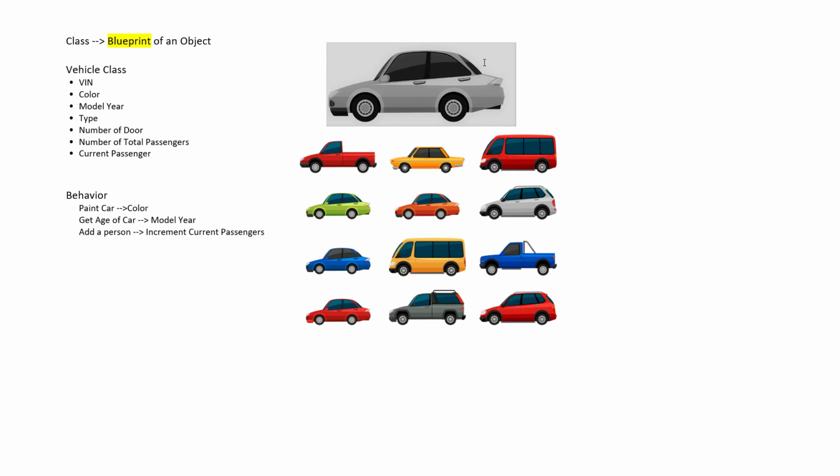It tells me what things a car should have. When I create an actual car, a green car, I'm taking the things that a car should have, and I'm assigning them values. This color is green, the VIN number is this, and so on. So I'm working with those two separate objects. These are instances of the vehicle class.